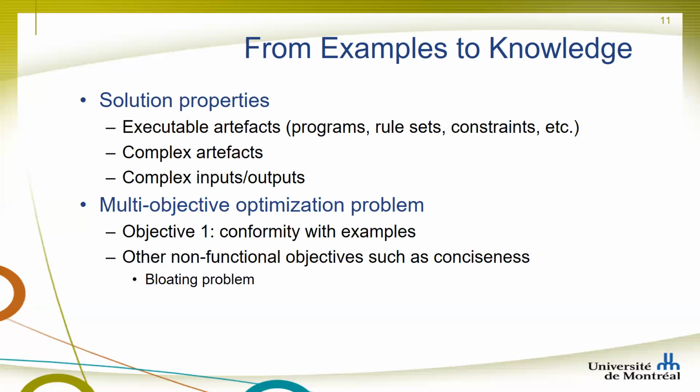But we have other non-functional objectives, such as the consistency of the solutions, because there is a known problem in genetic programming where solutions tend to become bigger as we evolve. We have to control the size of the solution, but also well-formedness. We could have different aspects of these programs that we want to control.